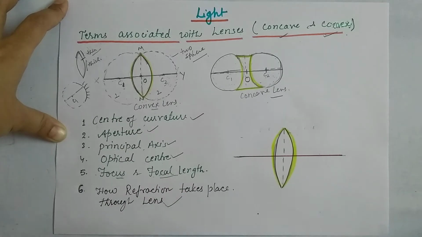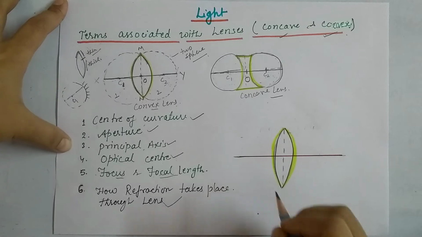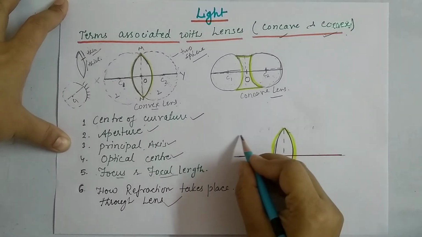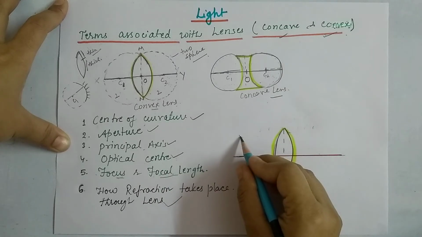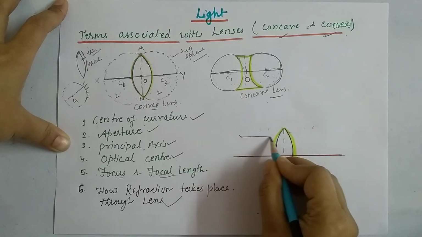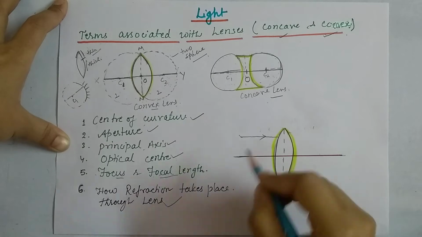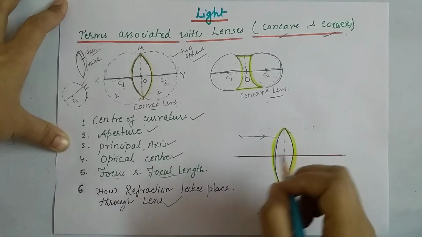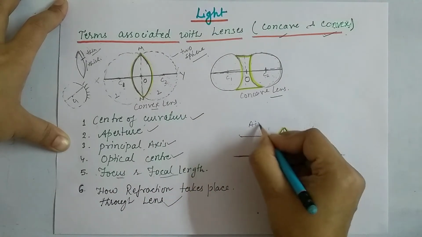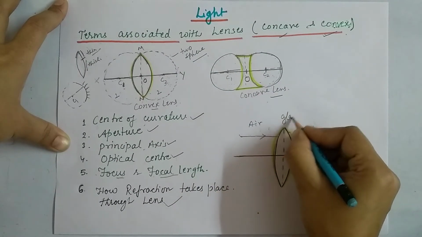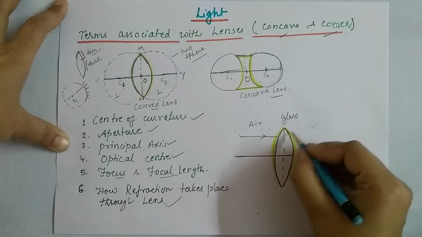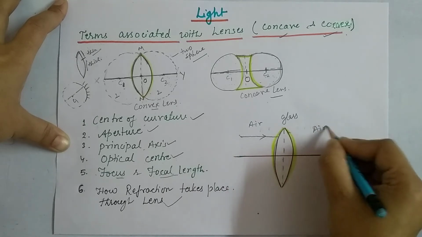And how this bending of light occurs, let's see. We apply all the rules here when the light ray falls. You also know that this is your air medium, this lens is of glass medium, and again out of the glass this is your air medium.